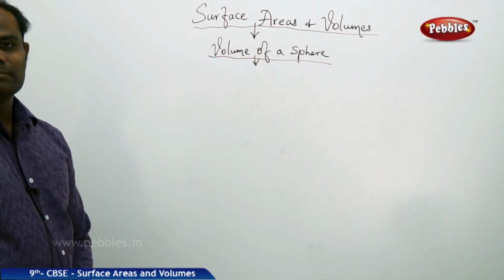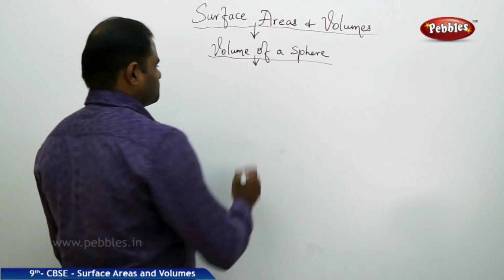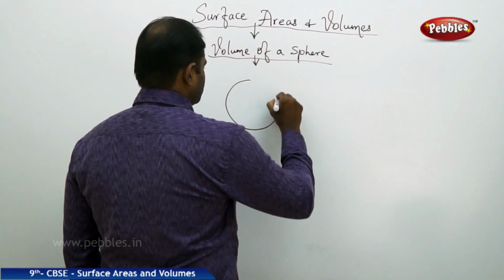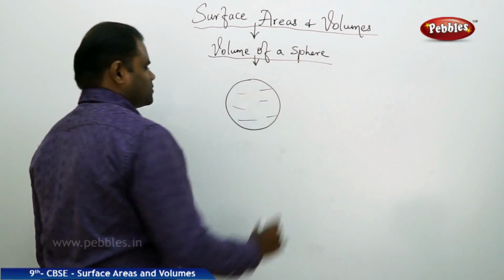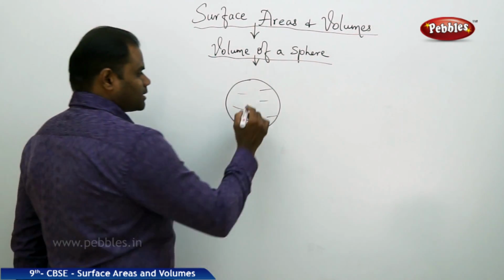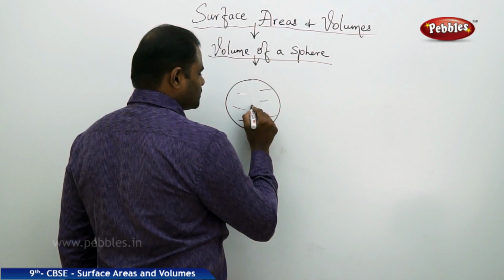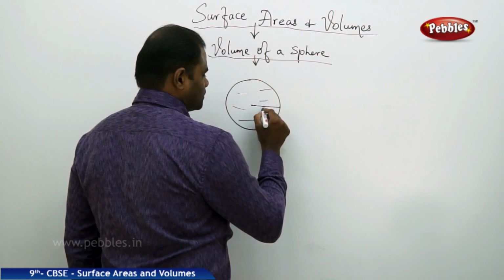So let's see what could be the volume of a sphere. Imagine I take a sphere which is this, and say the radius of the sphere is R.